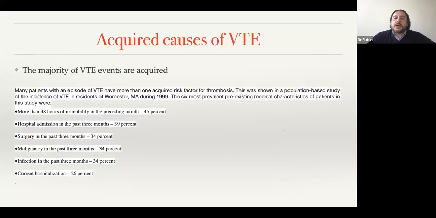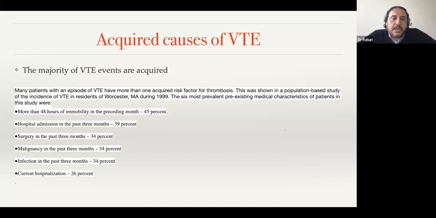The most common cause, however, of thromboembolic disease will be acquired, meaning a patient may present with multiple different risk factors. And this was a study that looked at some of the incidence of venous thromboembolism from residents in Massachusetts in 1999.